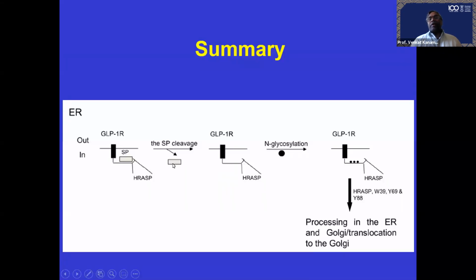When the signal peptide gets cleaved off, it causes the exposure of the N-glycosylation sites, and when they get glycosylated, then along with the hydrophobic region after the signal peptide, they play an important role in processing of the receptor in the endoplasmic reticulum, as well as in Golgi, and in translocation further to the plasma membrane.